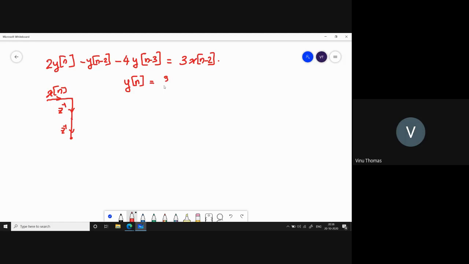So I have to write this as 3 by 2 x(n minus 2). So you need an expression for the output. So y(n) should be equal to 3 by 2 x(n minus 2).